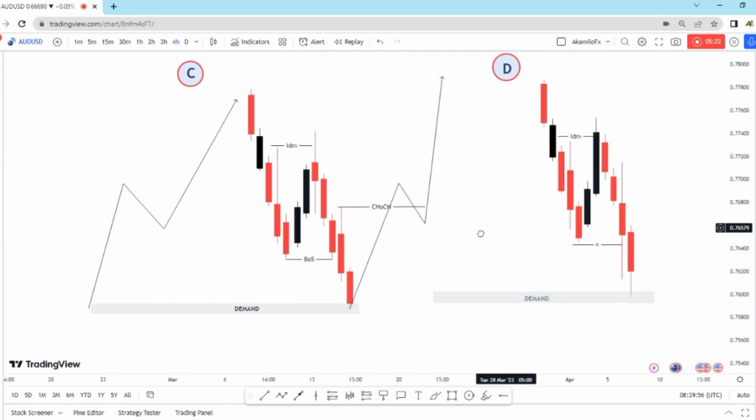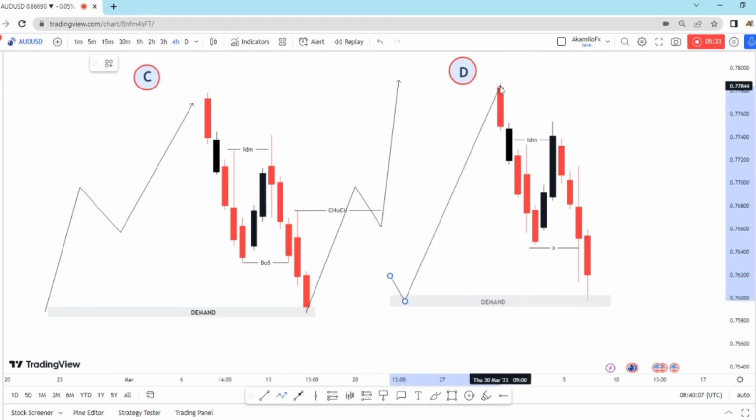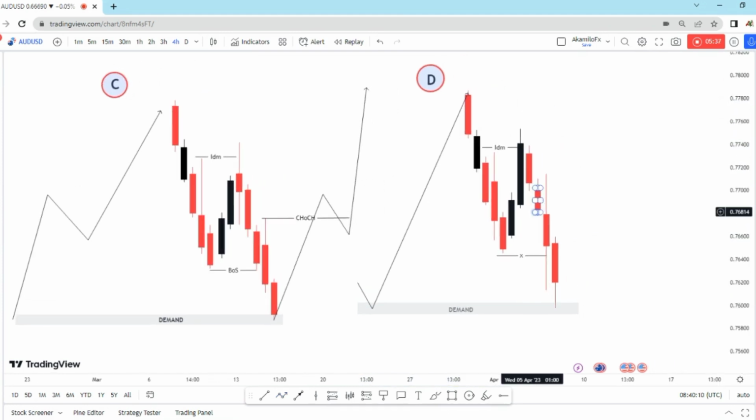The same thing applies to diagram D as well. In diagram D, price has tapped into a demand level. This is our demand level. Price moved back, tapped in and gave us a rejection on that demand level. So our change of character will be at this particular leg.